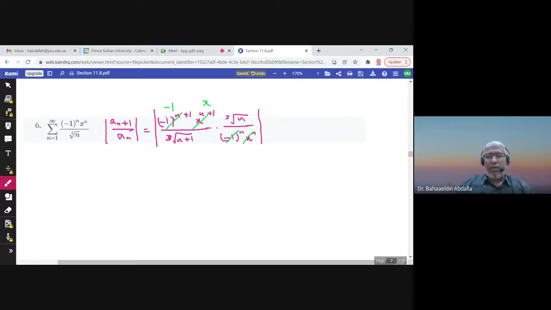And its absolute value of negative 1 is 1, absolute value of x is absolute value of x times cube root of n. There is no need of the absolute value here because n is a positive number. So that's it. If I take the limit of this quantity when n goes to infinity, it goes to 1. So this goes to absolute value of x.